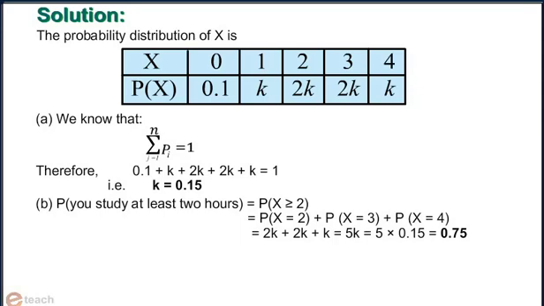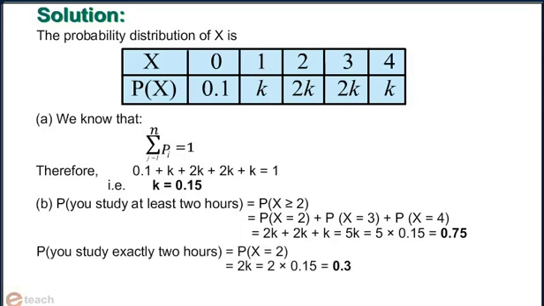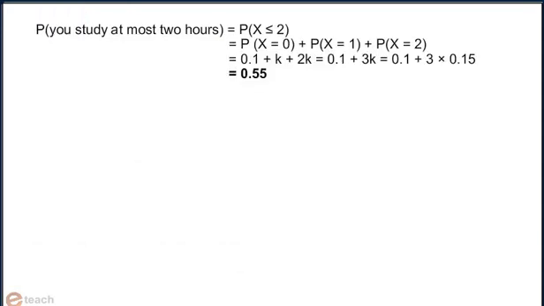That is the probability of X equal to 2 plus the probability of X equal to 3 plus the probability of X equal to 4, which comes out to be 0.75. The probability that you study exactly 2 hours is the probability of X equal to 2, that is 0.3. Similarly, the probability that you study at most 2 hours is the probability of X less than or equal to 2, which is equal to 0.55.